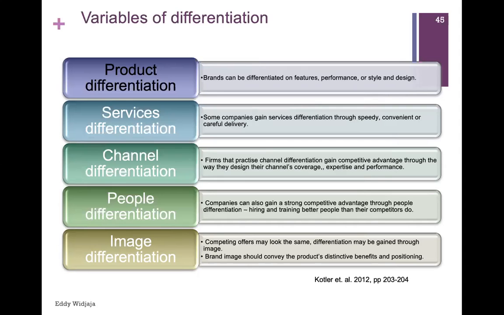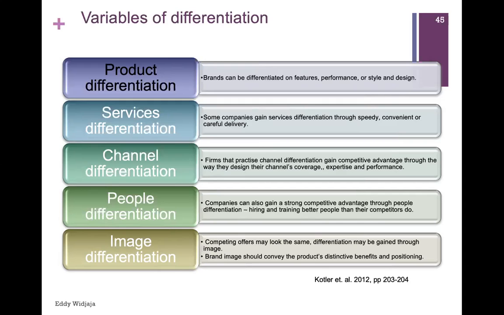And services differentiation, which is basically about speedy, convenient, or careful delivery for consumers. So that's how we differentiate ourselves as well. Channel differentiation is about how we reach the consumers, how we cover the consumers. And people differentiation, how we hire and train people.